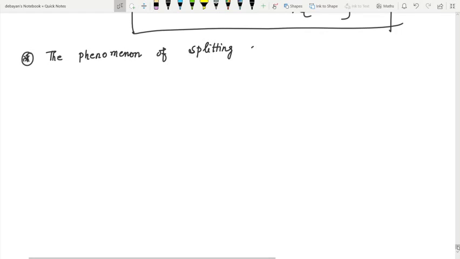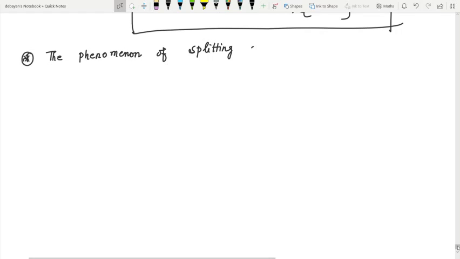That is nothing but white light passing through it, and you will find that it will break into constituent colors.